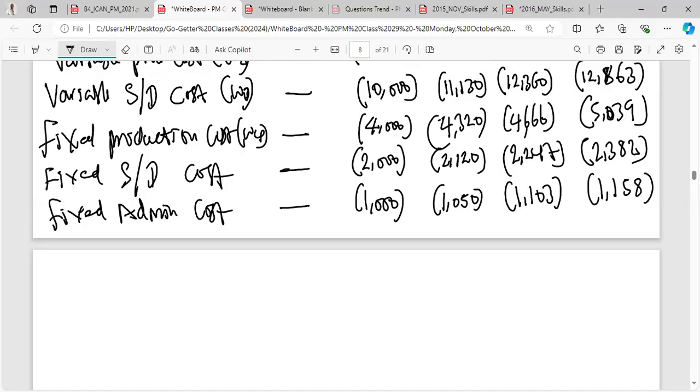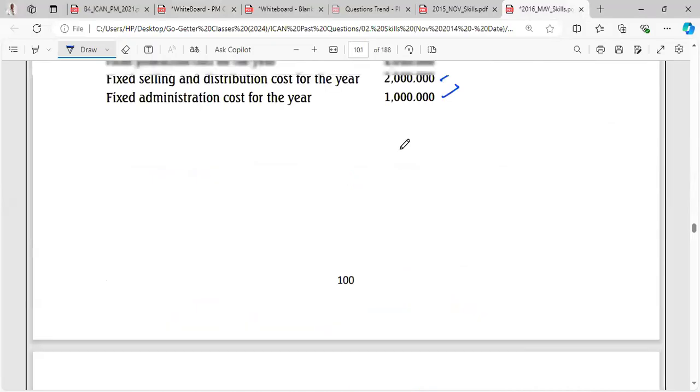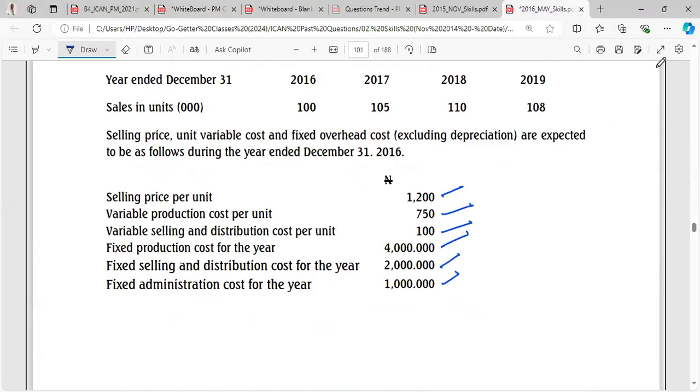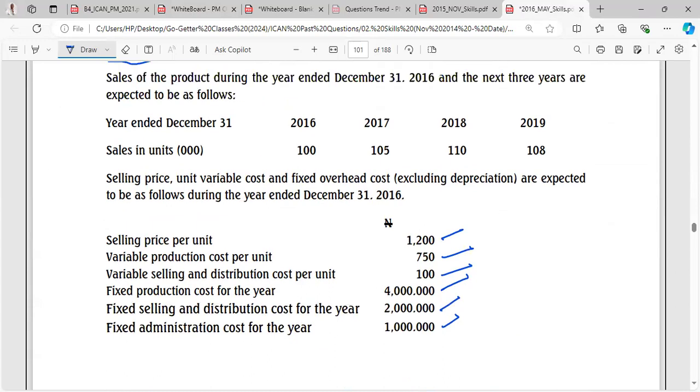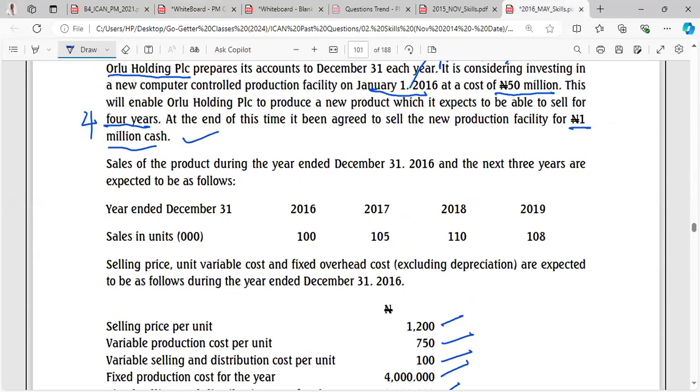All right. So, what do we have? We've used all of these costs, all of these selling units, every cash flow here.